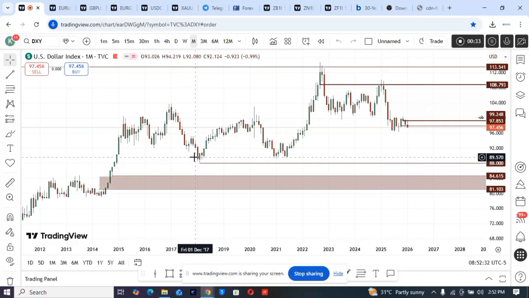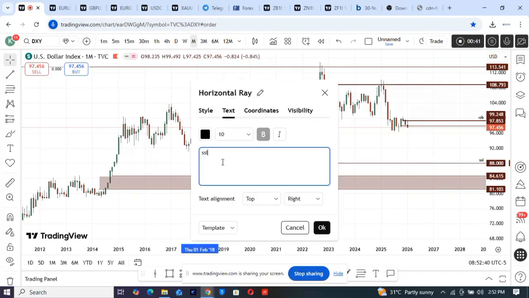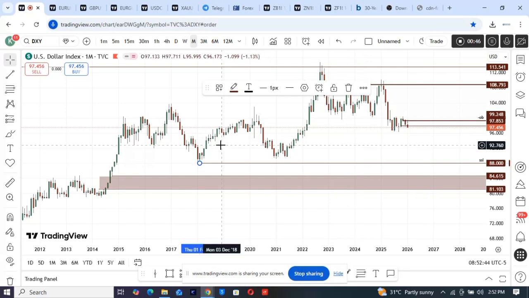But even while at price, what we see over here is liquidity in the form of sell side liquidity, SSL. This has been a protected level for a very long time.